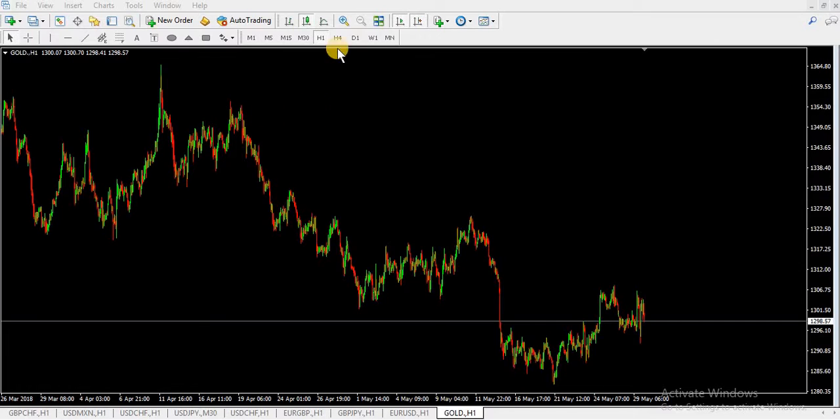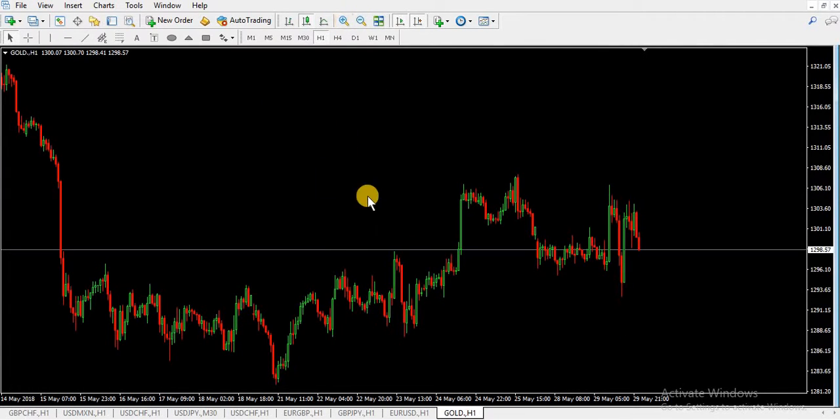So as you can see, this is the golden chart. I made my bulls this color and my red this color. Gold to me is unique, so I want to trade it in a certain way.